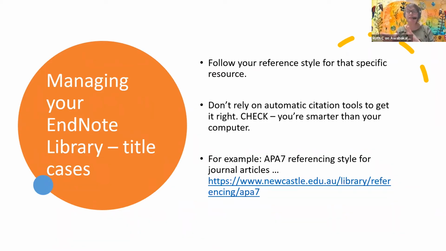If you have a subtitle for that article or book, it's a colon after the first title, and then the first word of that subtitle is also capitalized. Proper nouns are capitalized also. But sometimes when you're importing from databases, you'll find they actually capitalize every single word in the title, which is not what you want.